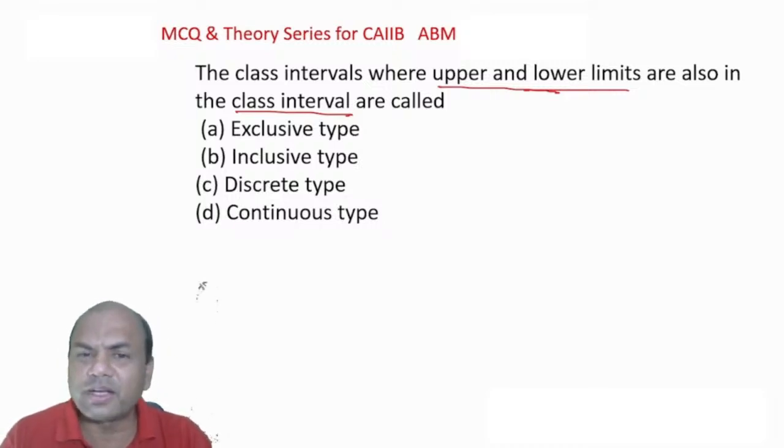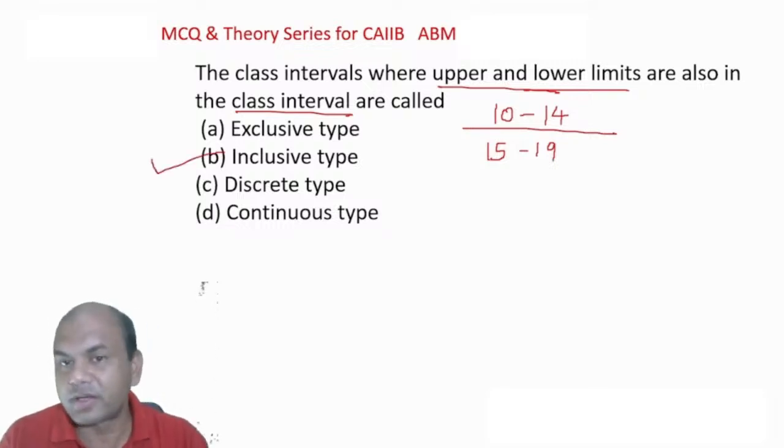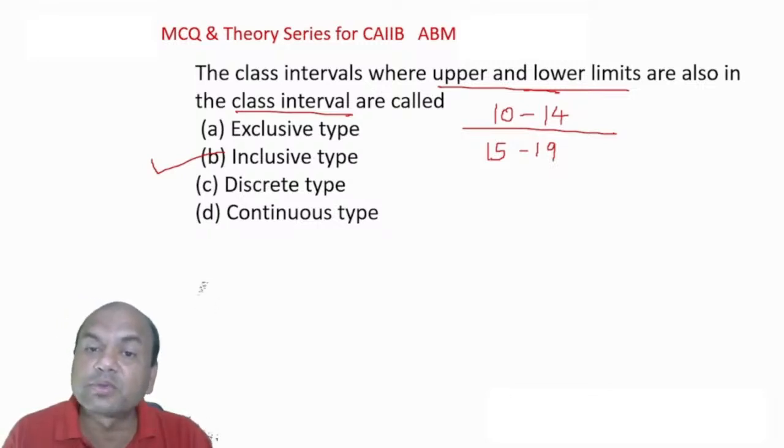Just now I told you, 10 to 14, 15 to 19. So if I get 14, it will be in this class, right? So this is known as inclusive. And then we have to convert this to exclusive. I've shown you earlier, so we won't be repeating it now.